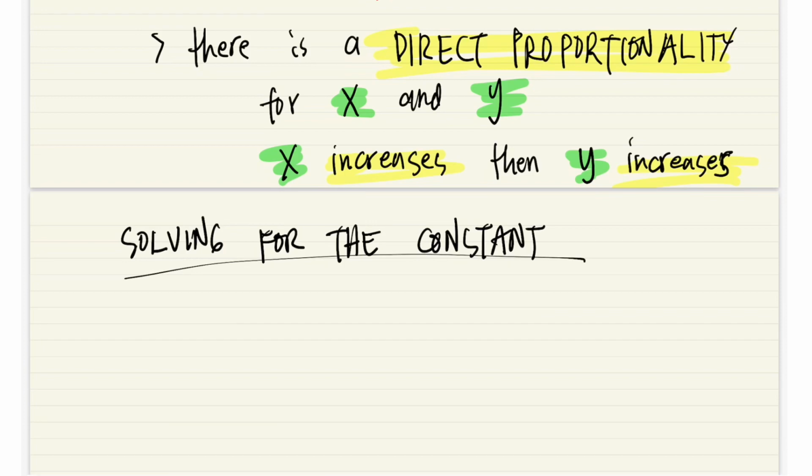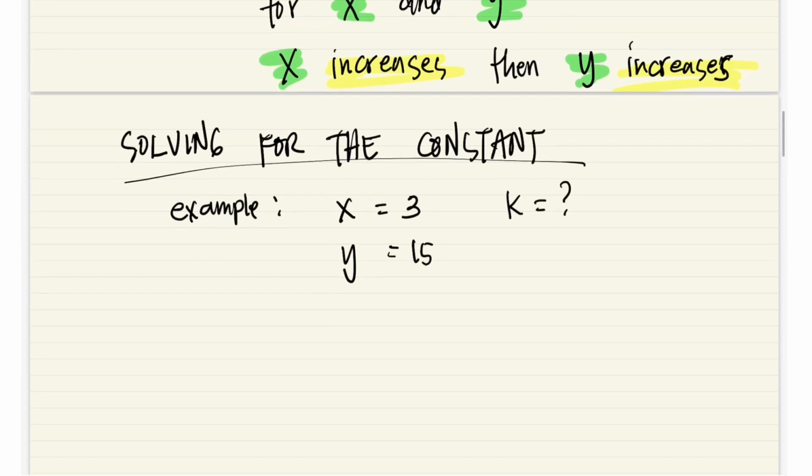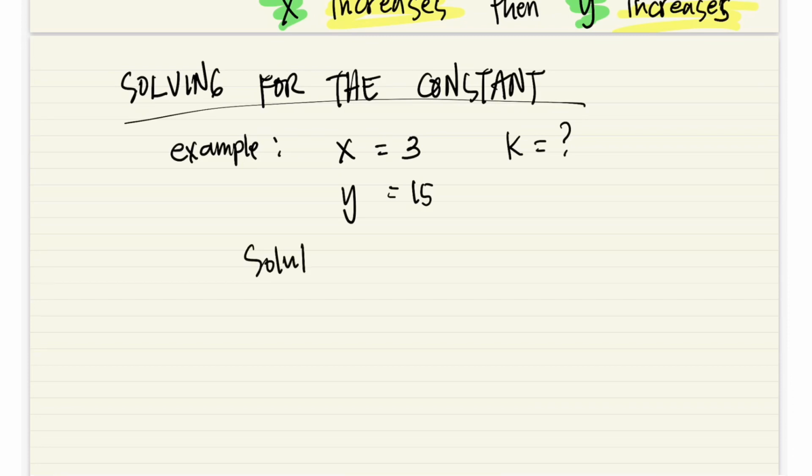For example, when x is equals to 3, then y is equals to 15. What is k? Now using the formula, y is equals to kx, so therefore 15 is equals to k times 3.